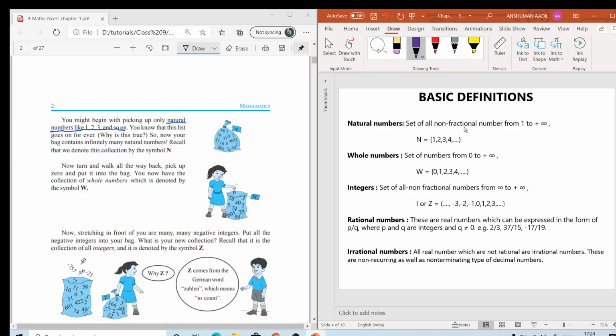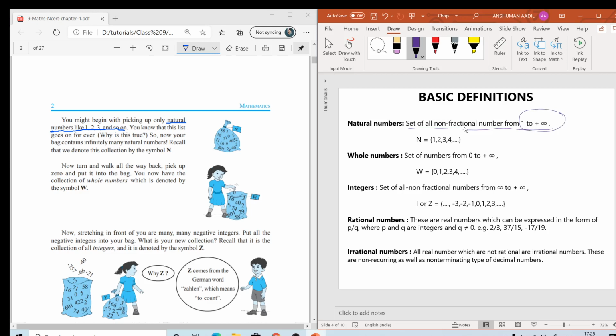So these natural numbers are the set of all non-fractional numbers, from 1 to plus infinity. Be careful here, it's 1 to plus infinity.